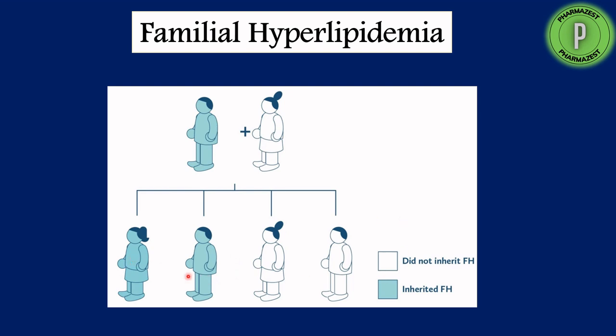If they have 4 children, out of these 4 children, there are 50-50 chances, so there is a probability that 2 children may get this familial hyperlipidemia, and the other 2 children may be healthy. So even if only one parent has it, it gets inherited into the children.